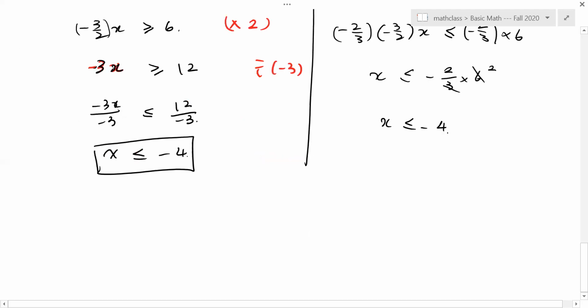All right. Our next problem is 6 minus 2 over 5 x is less than 4. Please solve this inequality.